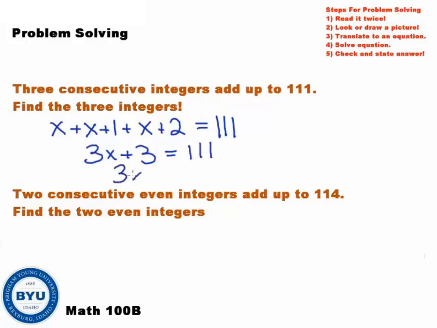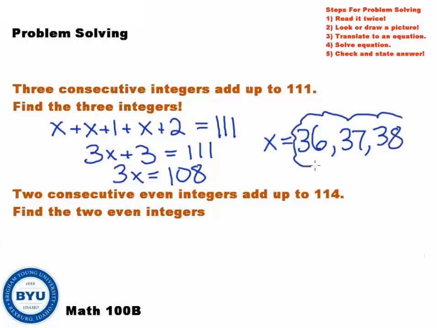We then can subtract 3 from both sides to get 108. Lastly, we divide that by 3. 108 divided by 3 is 36. So our first integer is 36. The next one is 37. The next one is 38. That would be our answer for the 3 consecutive integers. And notice we used x, x plus 1, x plus 2 to denote those integers.